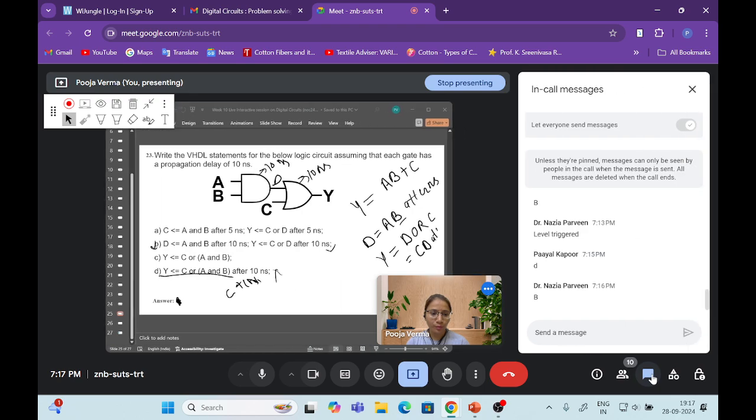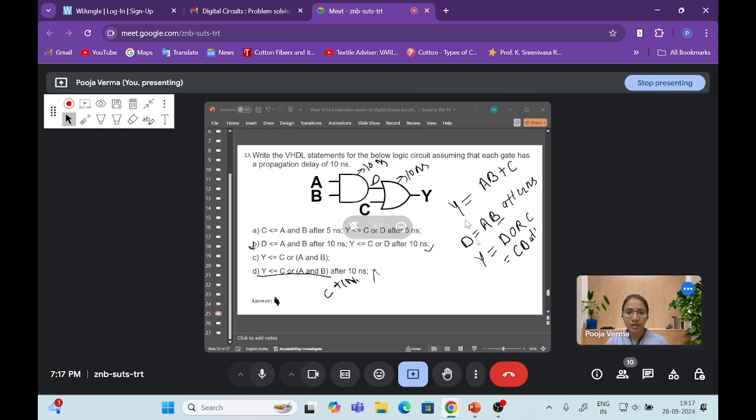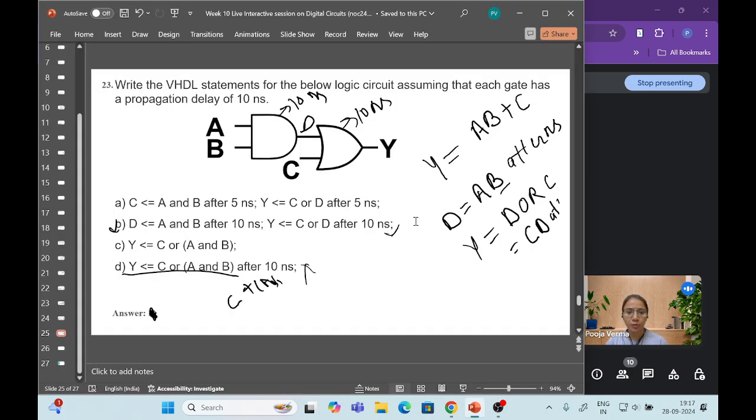I hope now you have understood. Yes, Nazia, this one is correct. Option B is the correct answer because each gate has a propagation delay of 10 nanoseconds. So we have to take both the gates into account while solving the problem. Option D is not correct because it takes 10 nanoseconds for the whole process.